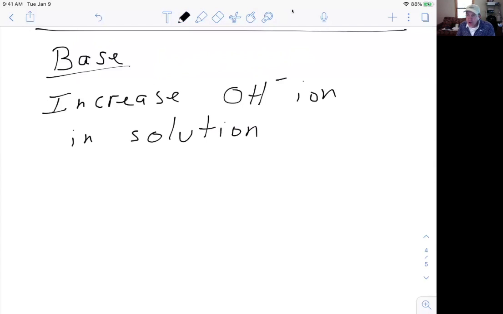And you guys remember that OH has a name, it's called hydroxide. And that was one of our polyatomic ions. Or you'll see it referred to as hydroxyl, but it's a hydroxide ion. So any solution that increases hydroxide ions in solution is considered a base.